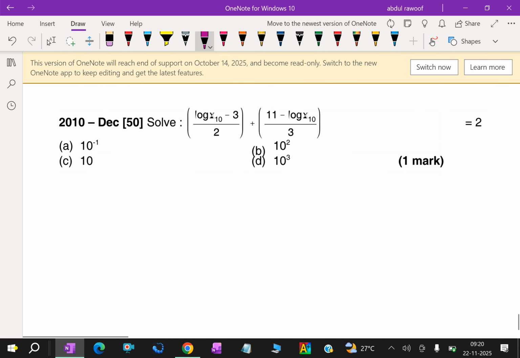Next question. Solve log base 10 x minus 3 over 2 plus 11 minus log base 10 x over 3, which is equal to 2.